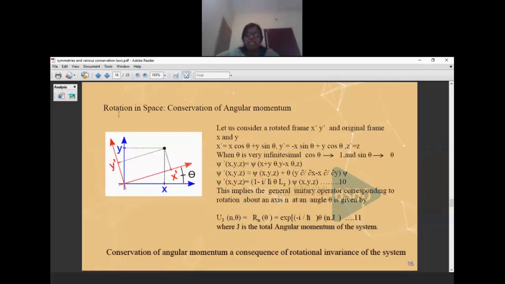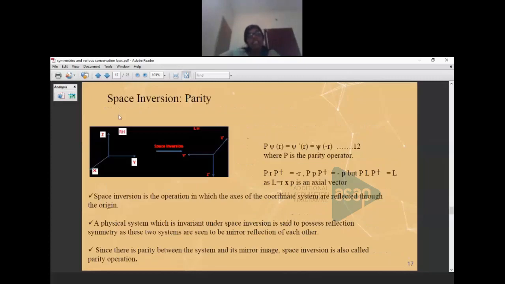But the next two things which we are going to learn are slightly new to us and slightly more complicated, because they deal with not just quantum mechanics but a lot of particle physics and nuclear physics. Those two are called discrete symmetries because they involve reflection and other things in time. That is space inversion, parity, and time reversal.